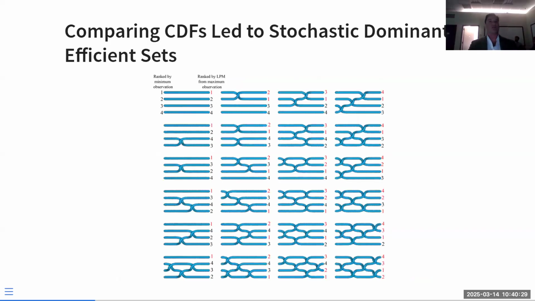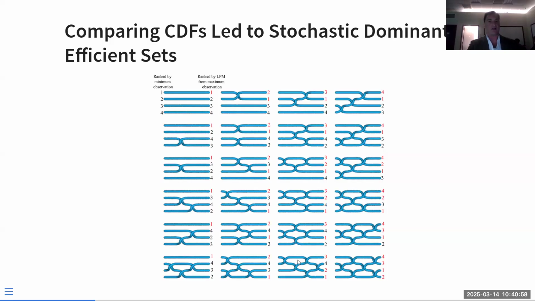Comparing CDFs also led to stochastic dominance, which is a very efficient method of implementing risk preferences into sets of securities. So what I did here was using the lower partial moment representation of the CDFs, you can now quickly and easily go through and pick out sets of securities that are not dominated.